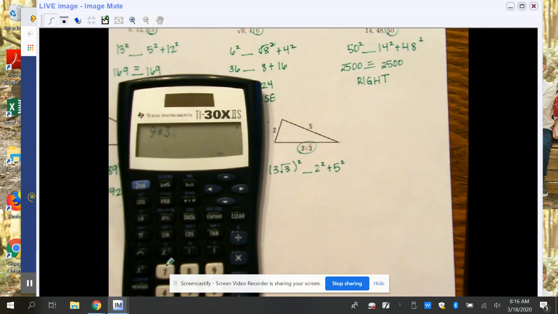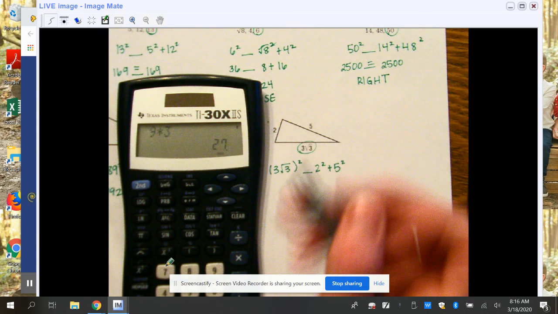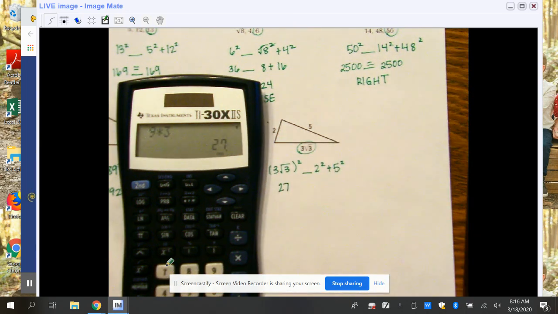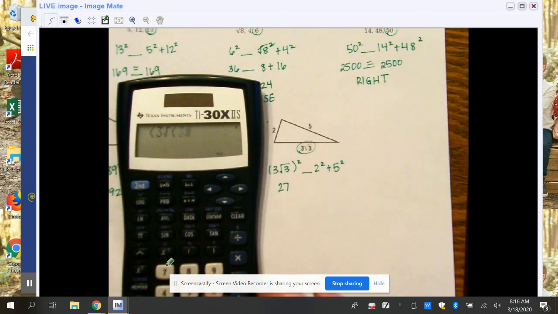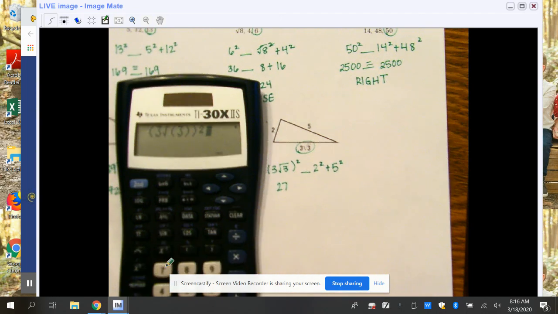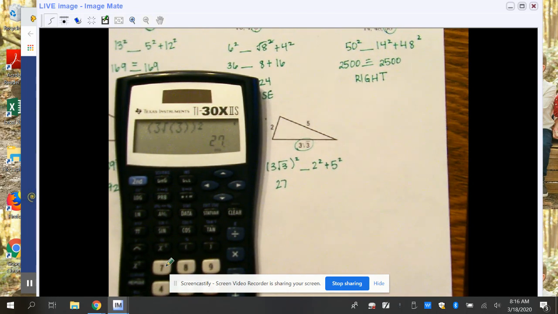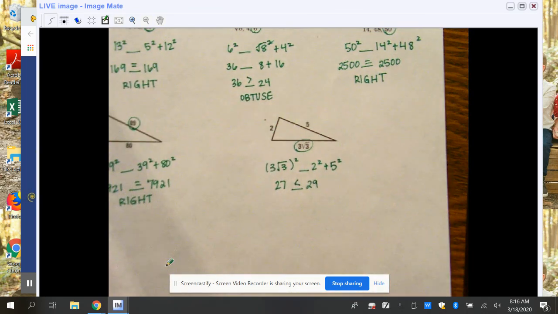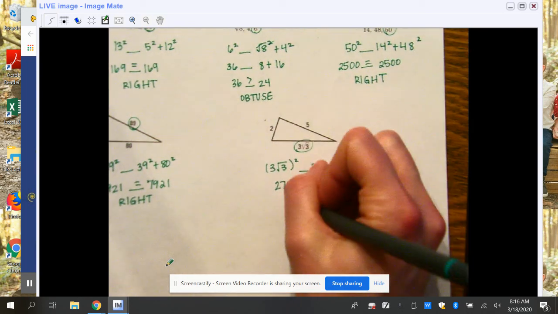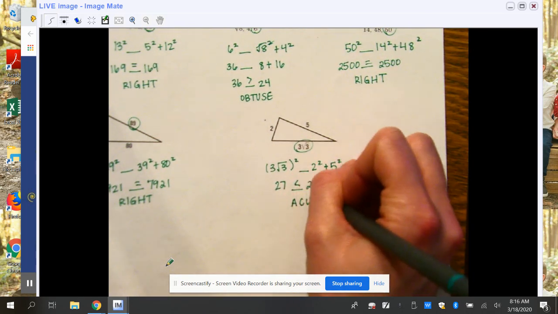So 3 radical 3 squared is 27. If you are not 100% sure, then just type it in. 3 radical 3 squared, still get 27. Okay. And then 2 squared plus 5 squared is 29. And then we fill in our inequality. So since c squared is smaller than a squared plus b squared, that's going to make this an acute triangle.